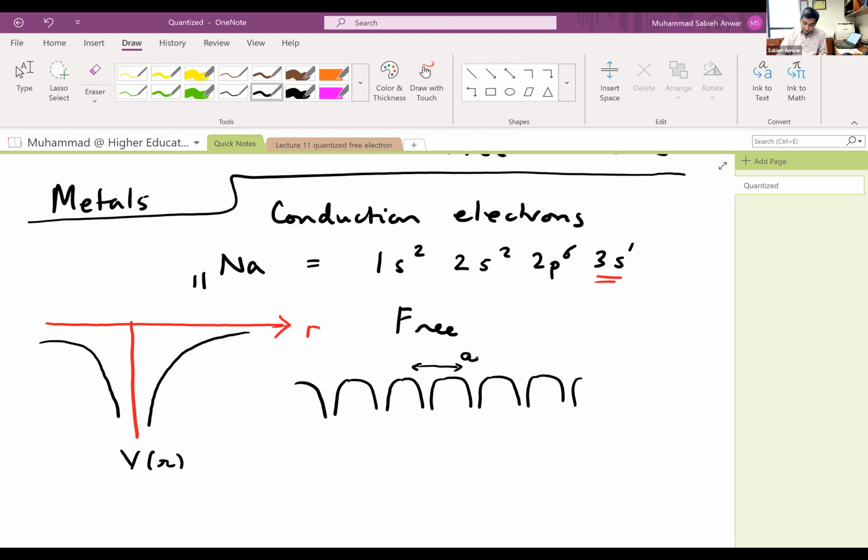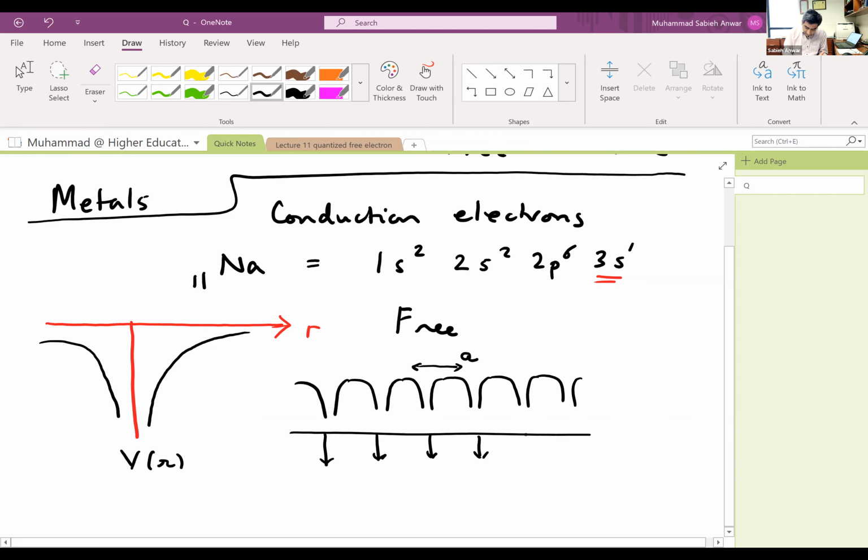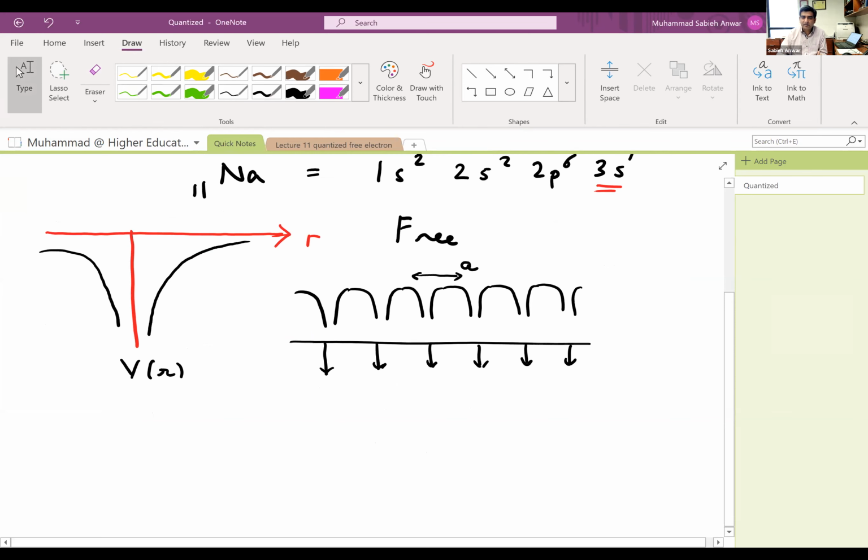If I were to model these potentials by the Dirac delta function, I would get a potential of this form, some V naught.